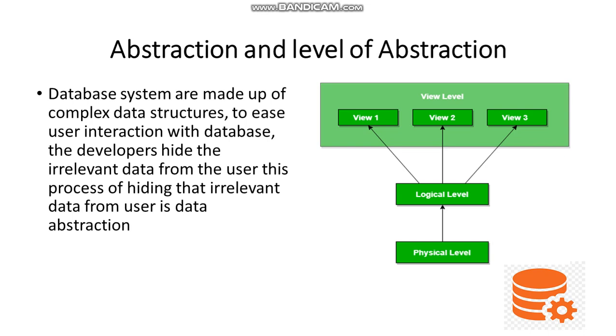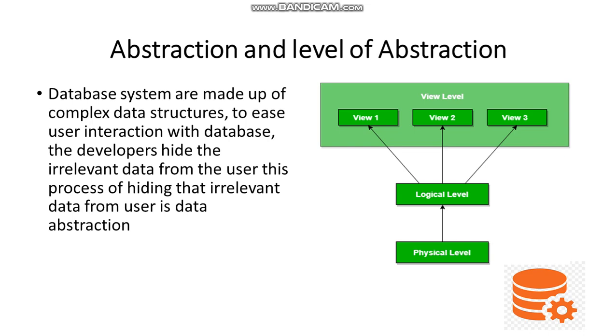That is called abstraction. Abstraction means hiding the irrelevant data from the user and showing only the essential data. Database systems are made up of complex data structures. So, to ease user interaction with database, the developer hides the irrelevant data from the user.